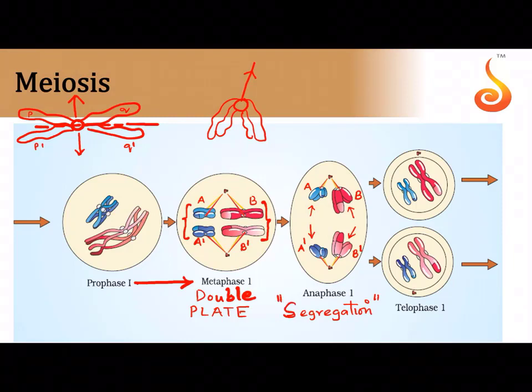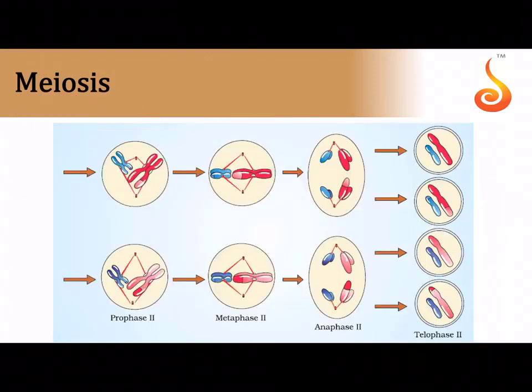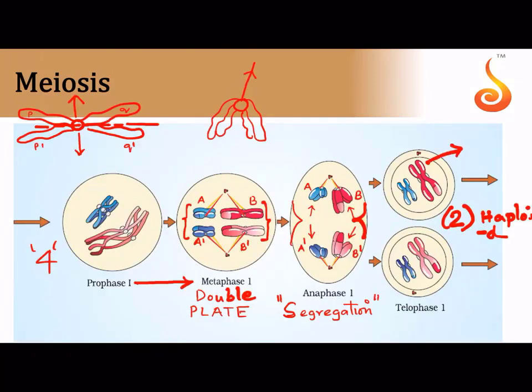So this is what segregation is, and it happens during anaphase, and then they move towards the opposite poles, and then cytokinesis takes place. We end up with two daughter cells which have haploid number of chromosomes. If you see the mother cell, there were 4 chromosomes in it, but now each daughter cell has only 2 chromosomes. So we say that the cell from diploid has become haploid.